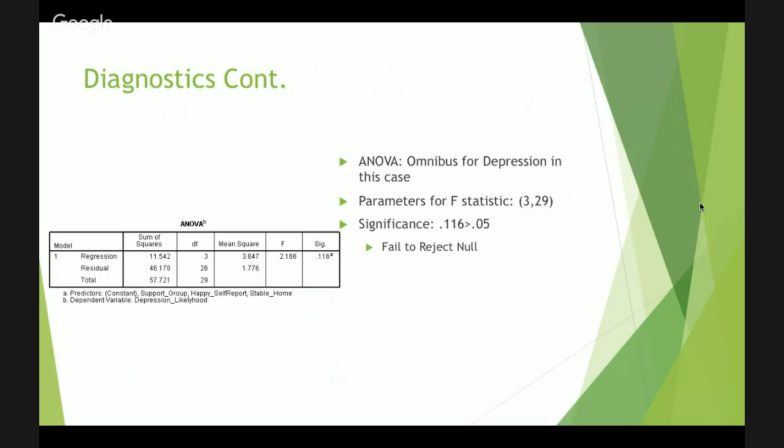We get a number off screen and compare it with our 2.166. SPSS has already run that analysis for us, and we get a significance of 0.116. Since that's greater than 0.05, we again fail to reject the null.